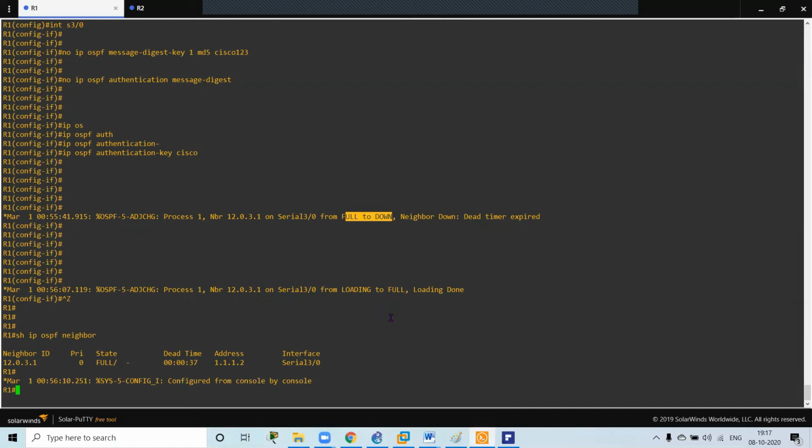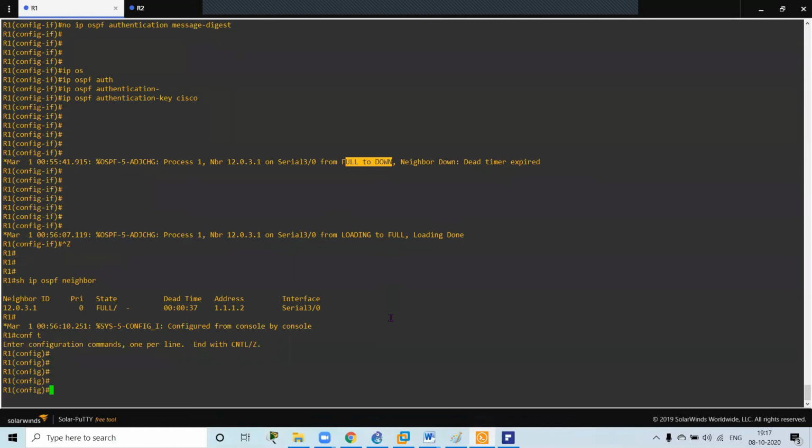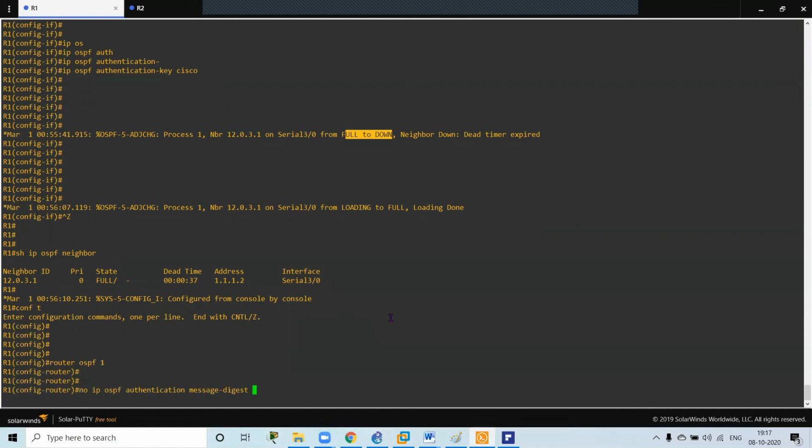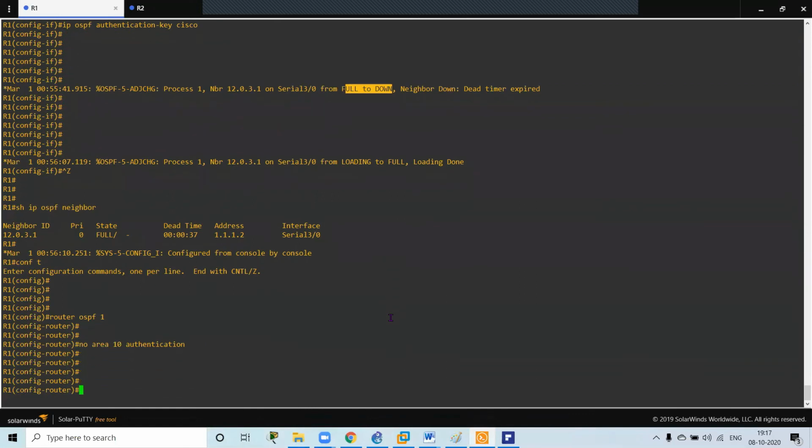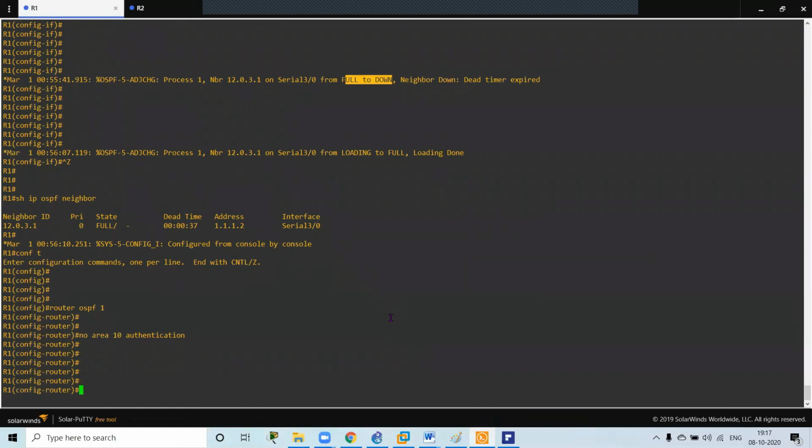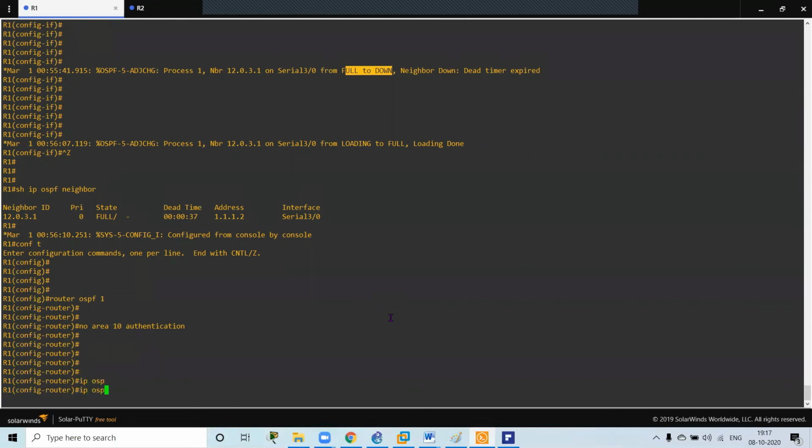Now process level MD5. You have to first remove this command.